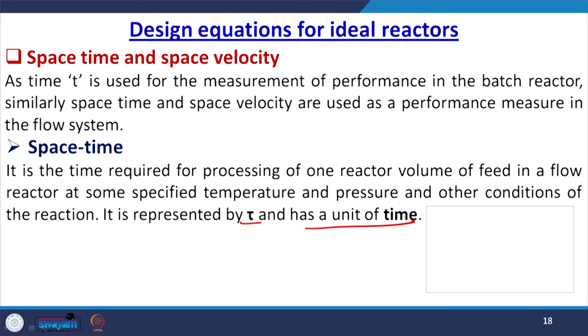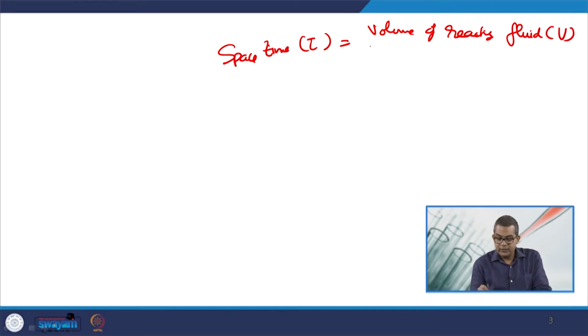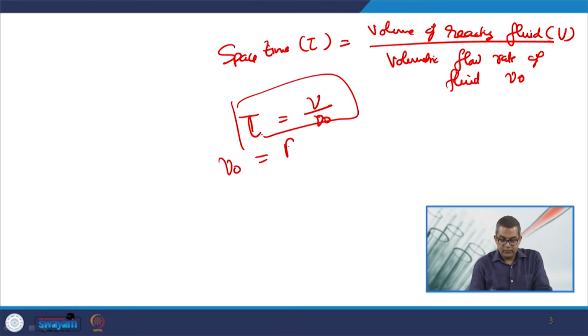Now mathematically, if we wish to represent space time, the space time tau is equal to the volume of reacting fluid, that is V, divided by the volumetric flow rate of fluid, nu naught. So tau is equal to V upon nu naught, and here nu naught is equal to FA naught upon CA naught.